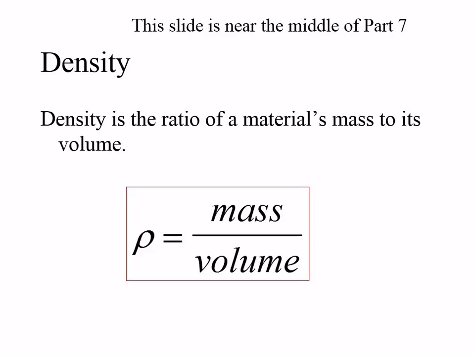So this is a case where clearly this is metric and this is English. Okay, so what's the one thing with regard to length, the thing that you're supposed to memorize, that exact relationship? 1 inch is equal to 2.54 centimeters. Right. You are going into the test with that knowledge.